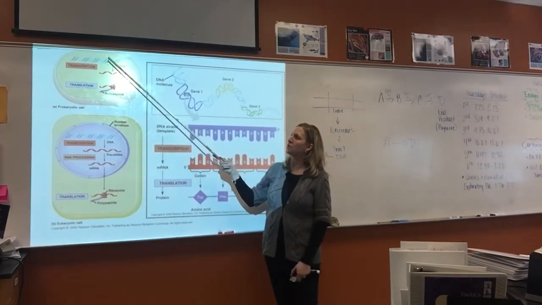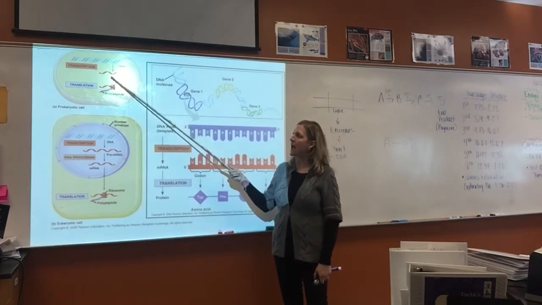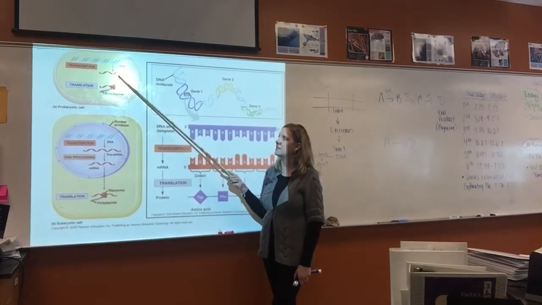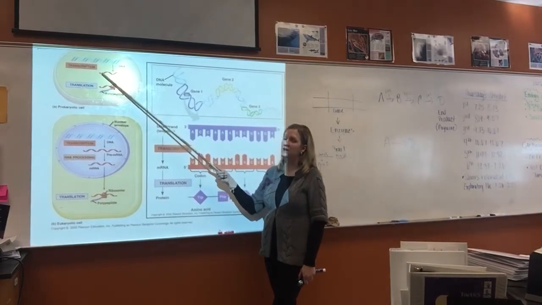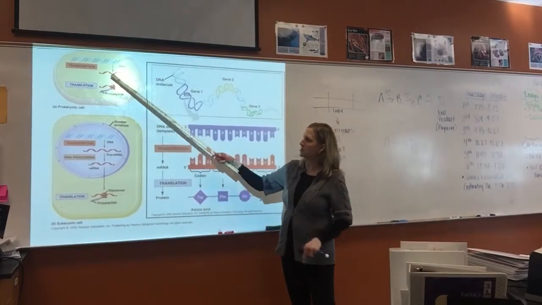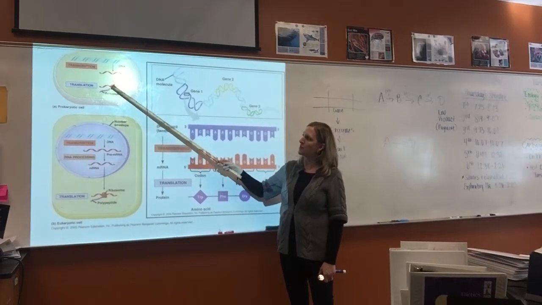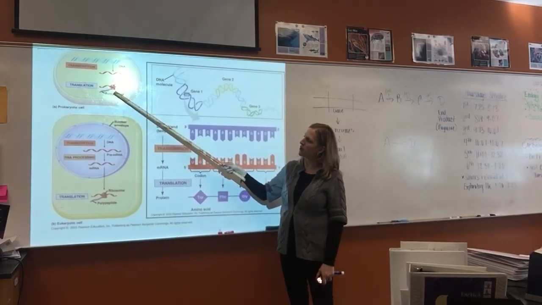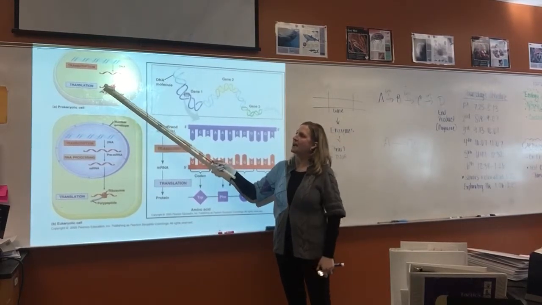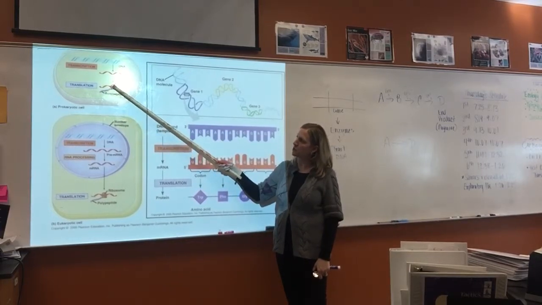And so in protein synthesis, DNA, the instructions to make the protein, is copied onto an mRNA molecule. So now the mRNA has the message. That process is called transcription. So it's transcribing or copying the message from the DNA. Then the mRNA takes that message to the ribosome, that's this brown here, and the mRNA is quote unquote read and tells the cell what amino acid to hook to what amino acid.